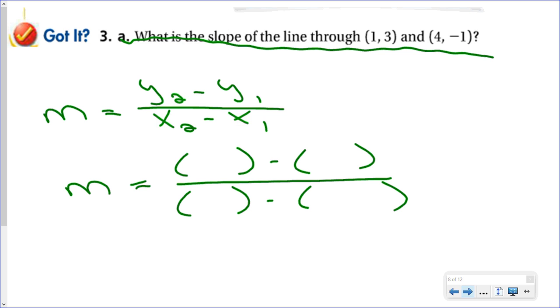Labeling is also very important. Just go x, y, x, y. These are your first coordinates, so label them 1s. These are your second ones, label them 2s. Get the correct numbers in the correct spot here.